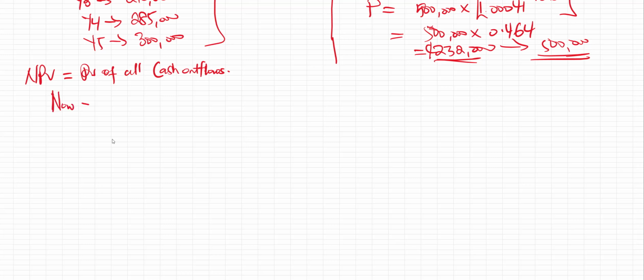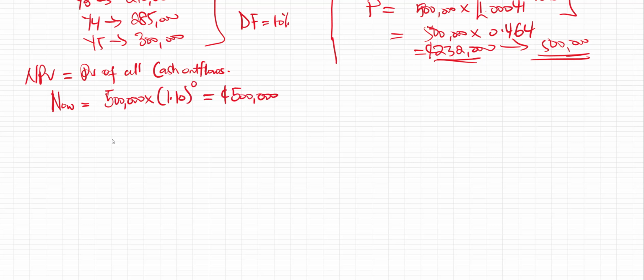We invested 500,000, and the discount factor, let's say, is 10%. So we get 1.10 raised to the power 0 because we are standing at today. Today means now, now means 0, and any number raised to the power 0 is 1. So it is still 500,000 today.